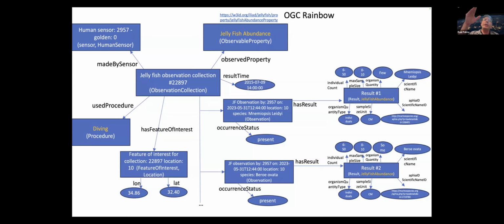And then we associate these to our models, which are based on the SOSA/SSN, one of the most relevant OGC and W3C standards. So we can associate the procedures, the sensors making these observations, the observable property, the feature of interest, and of course the individual results. Since we have collections, we then have individual observations, and each of these observations has a specific result. This is just to give you an idea of what the representation of the jellyfish looks like.